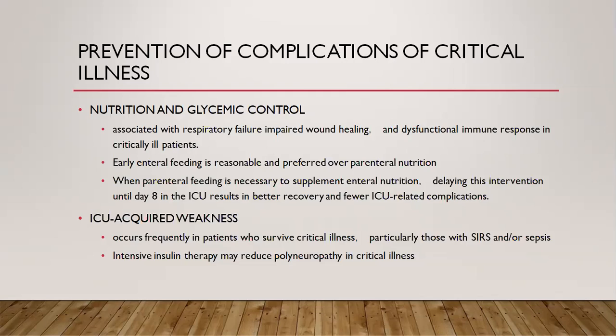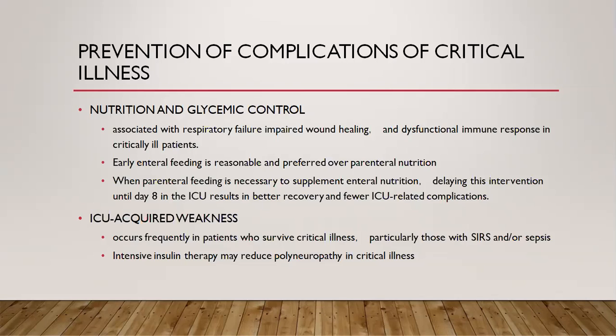It is said that early enteral feeding is reasonable and preferred over parenteral nutrition. Whenever the gastrointestinal tract of the patient is functioning, you institute early enteral feeding. When parenteral feeding is necessary to supplement enteral nutrition, delaying this intervention until day 8 in the ICU results in better recovery and fewer ICU-related complications.